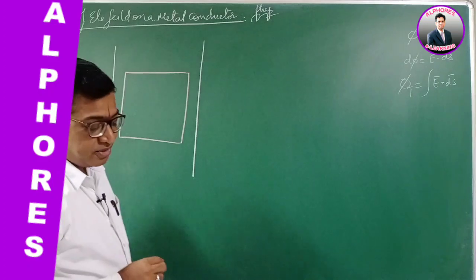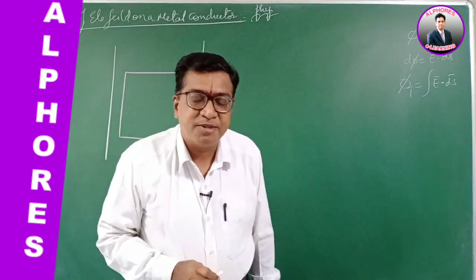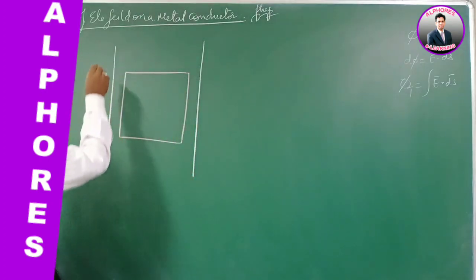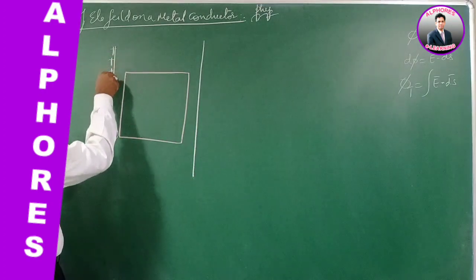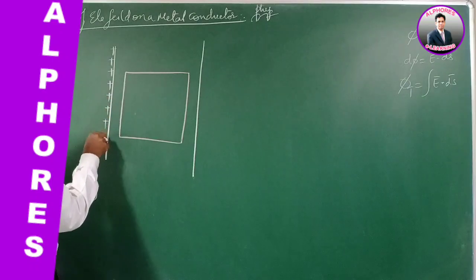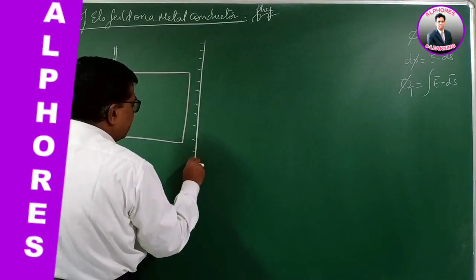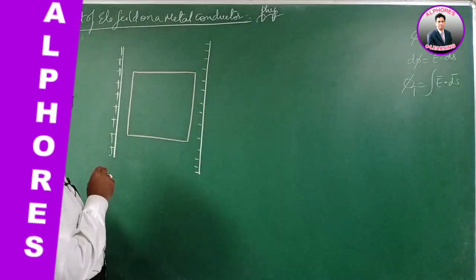As I was telling you, a uniform electric field is produced by a parallel plate capacitor: two metal plates charged equal and opposite, this one positive and that one negative.